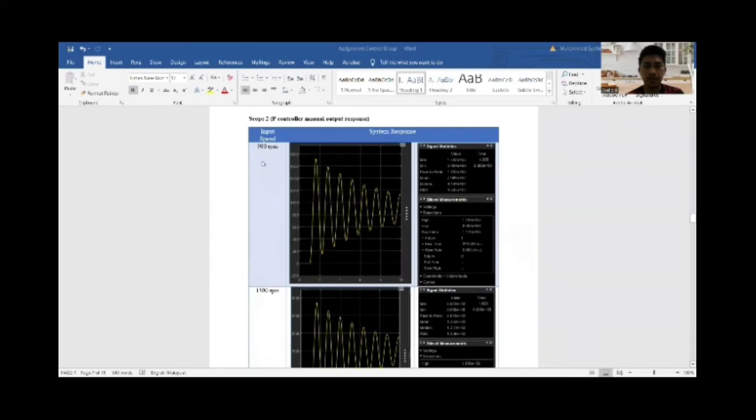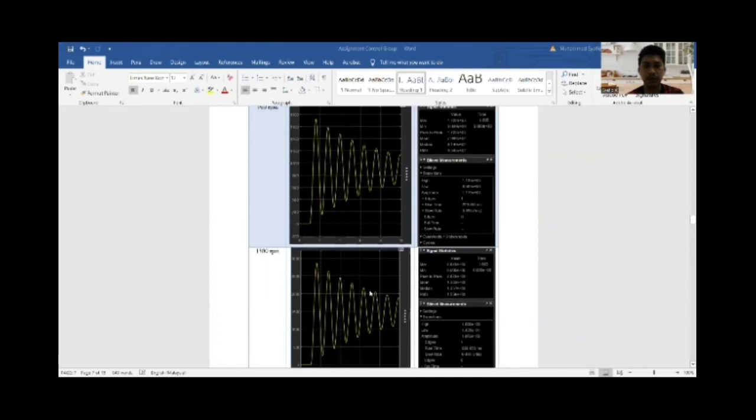Next is the graph for the P controller manual output response for 900 RPM and 1500 RPM. Here you can see the difference: the height of this value is around 1800, meanwhile here it is 2800.